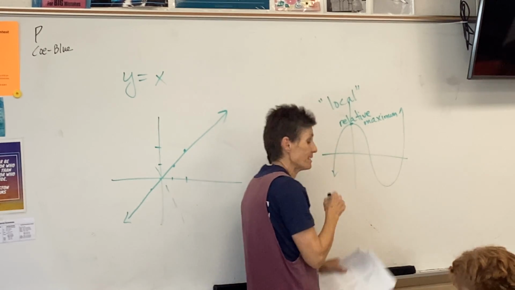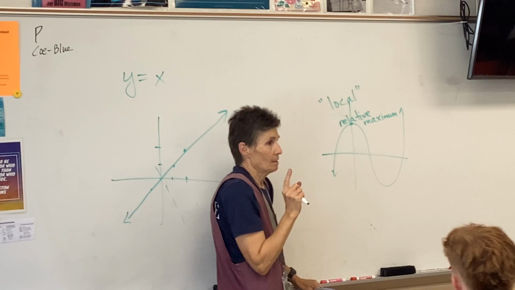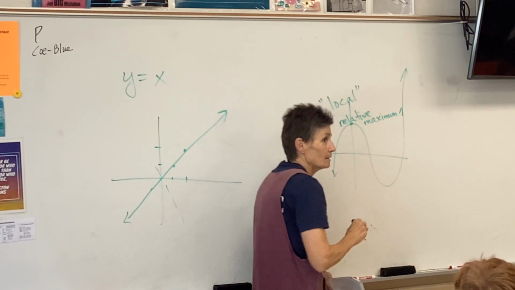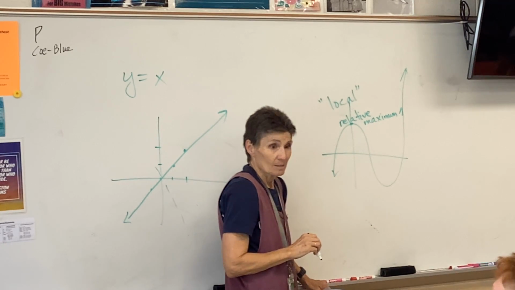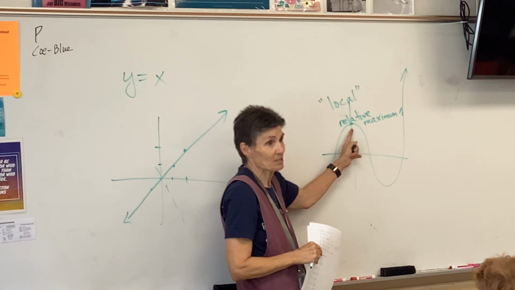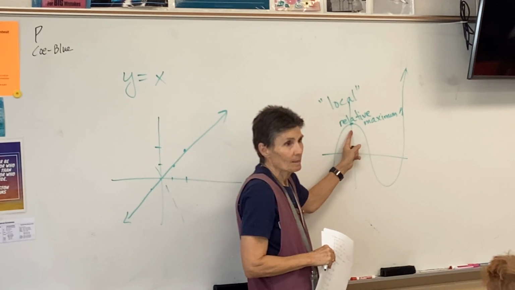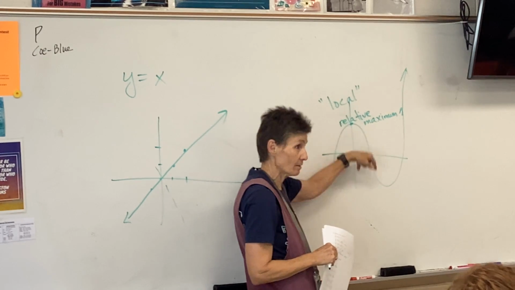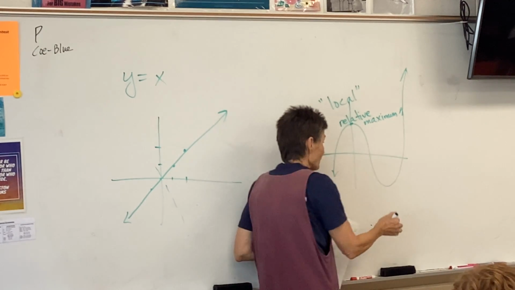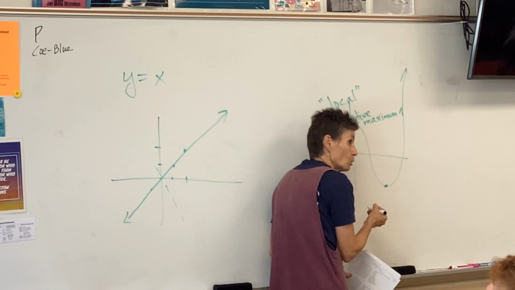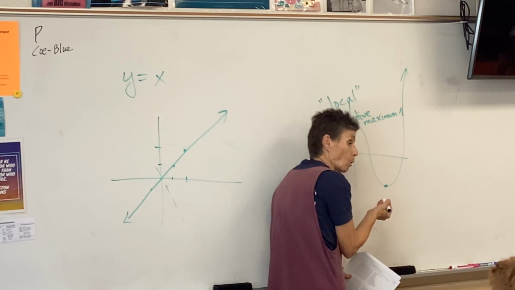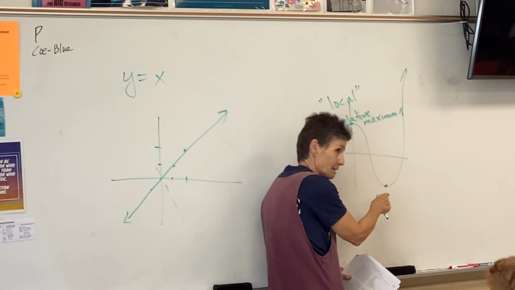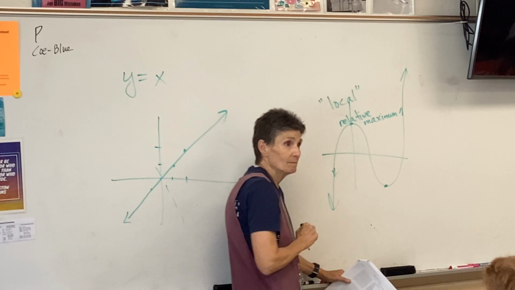It is not an absolute maximum, because what does this curve do? Keeps going. So this isn't the highest point on the graph, but it is the highest point in this locality, right here. So what about this? This would be a local minimum or a relative minimum, but not an absolute minimum because points go down further.